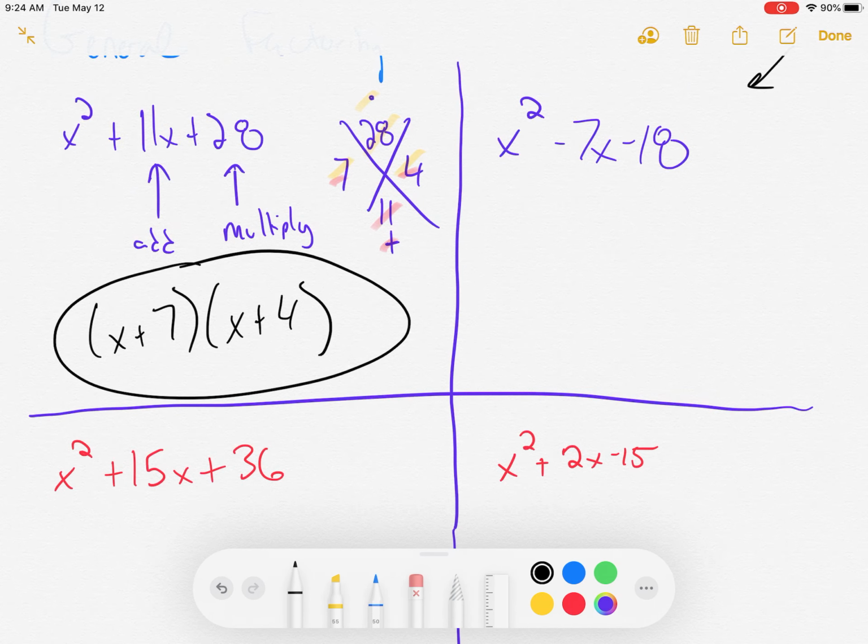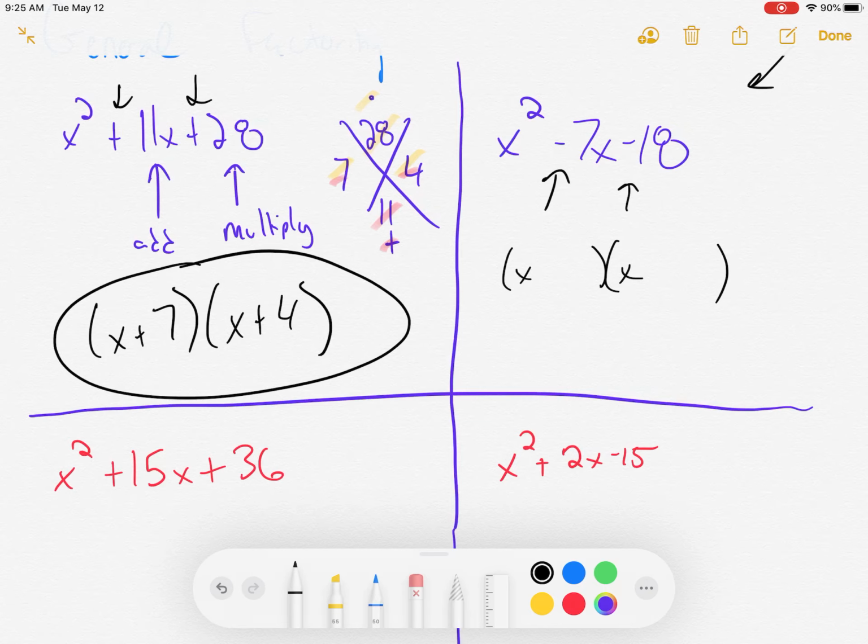Now again, we're looking for numbers that multiply to negative 18 and add to negative 7. It's not plus plus like it was before. Now it's a minus sign here. Whenever the last sign is minus, we know that one is going to be positive and one is going to be negative. So I'm going to have x and x.